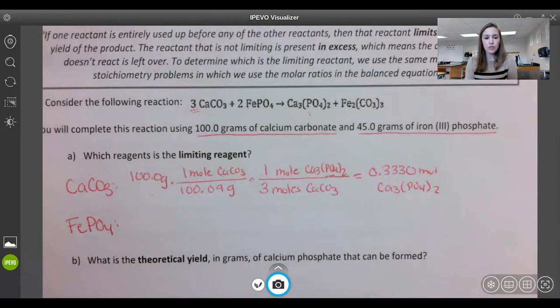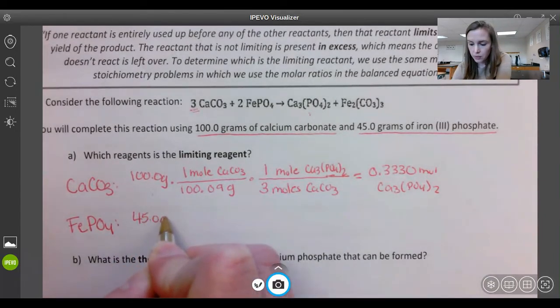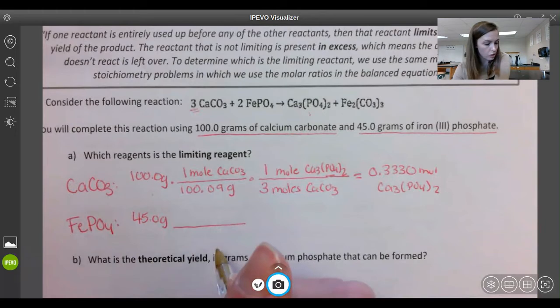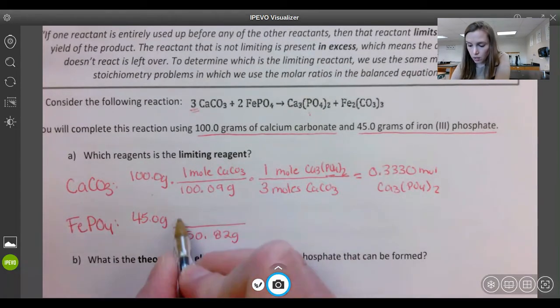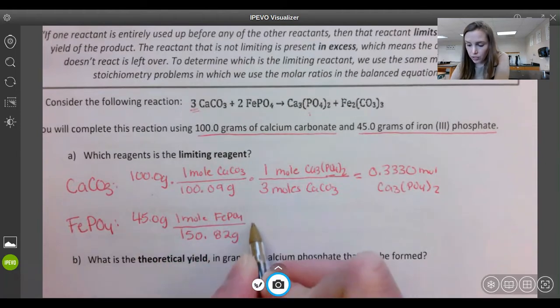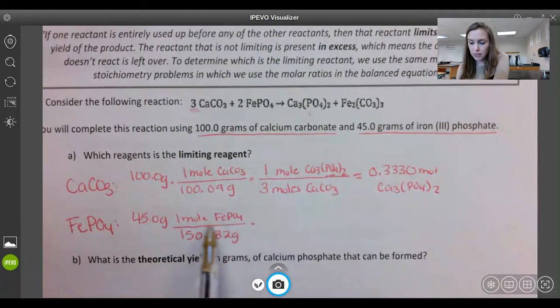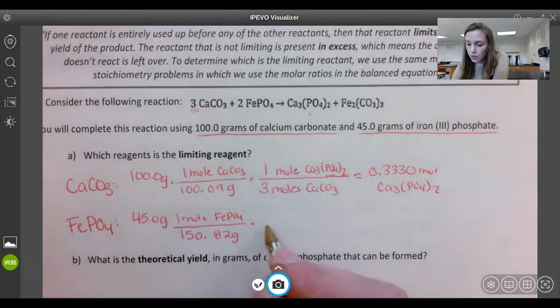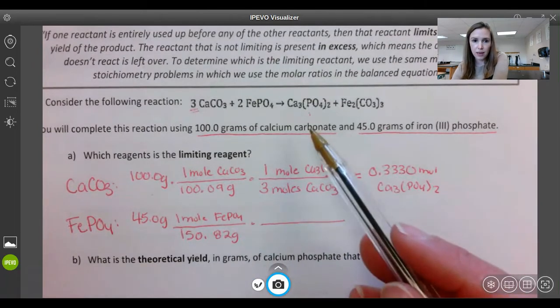Okay, then I'm going to go through the same process with the iron 3 phosphate. So I'm starting this one with 45 grams. The molar mass of iron 3 phosphate is 150.82, and that's for 1 mole of FePO4. And just remember again, these two things have to be equal to each other. If this is the molar mass that I'm getting from the periodic table, I always set that equal to 1 mole of it. The next step here, again, is that mole to mole ratio. Both of these have to come from my balanced equation.